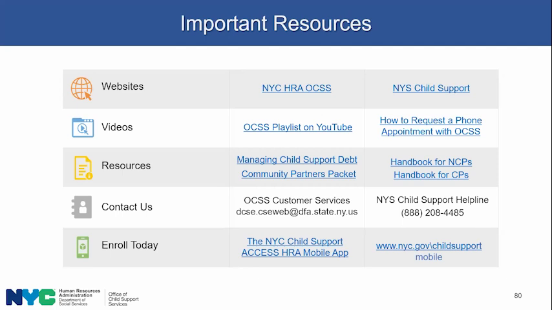Resources such as managing debt, community partners packets, and handbooks for CPs and NCPs. You see here the email to contact OCSS customer services, also the state child support helpline. And if you want to enroll today, you can download the New York City Child Support Access HRA mobile app, or go to the state child support website at nyc.gov/child support mobile.